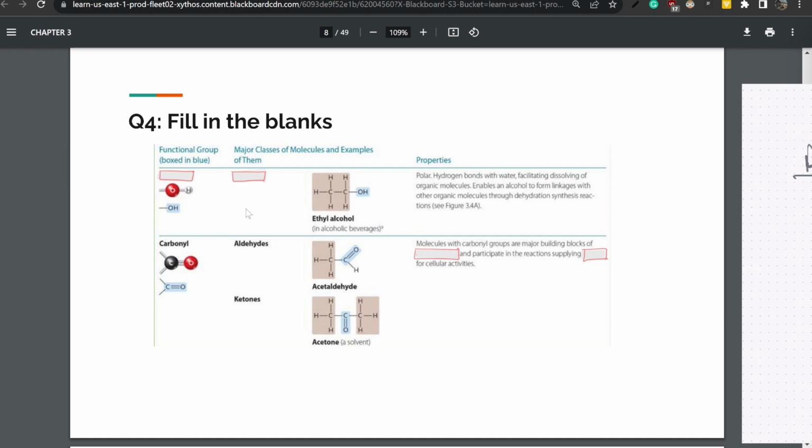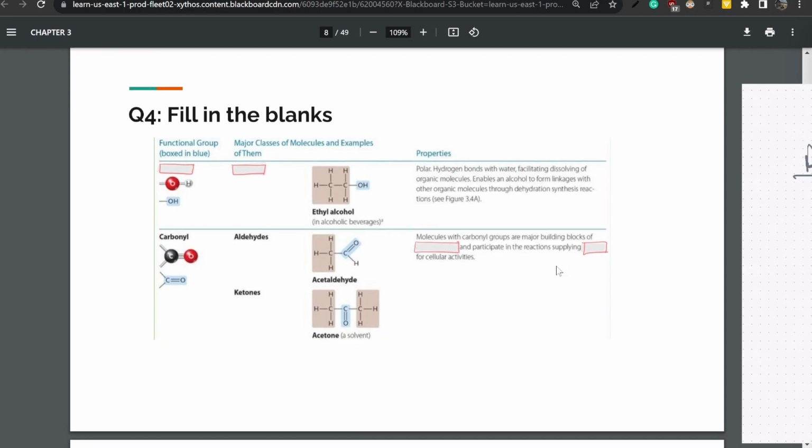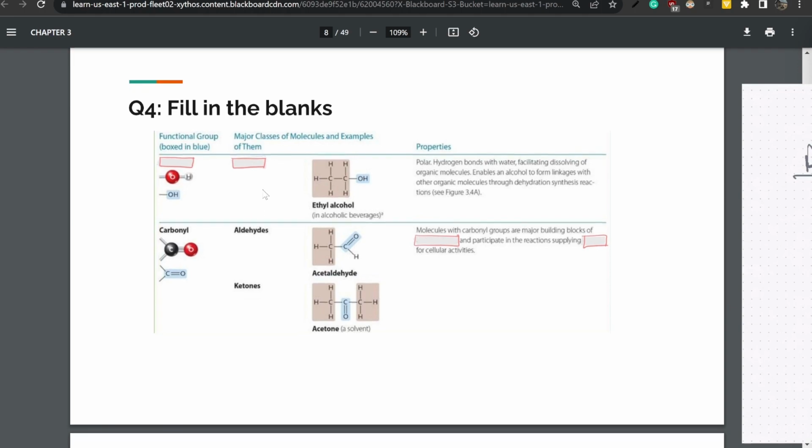I just know this is a hydroxyl because of OChem, I guess. Major building blocks of isomers supplying... Oh, damn. Okay, this is bad.